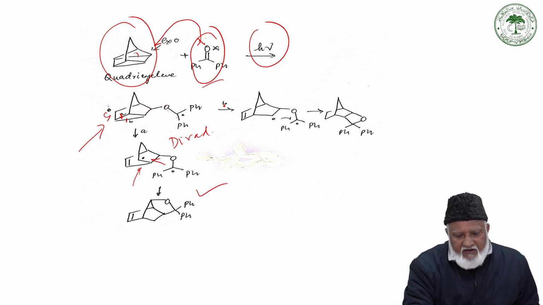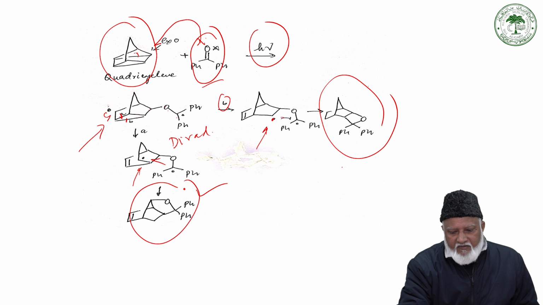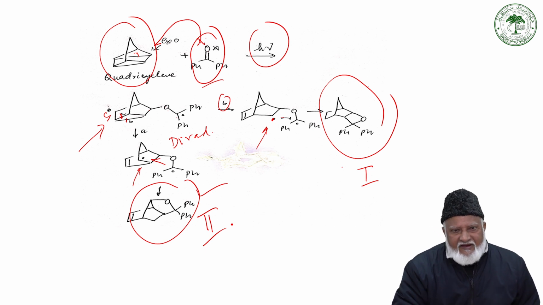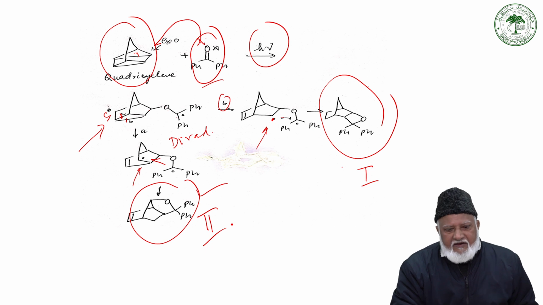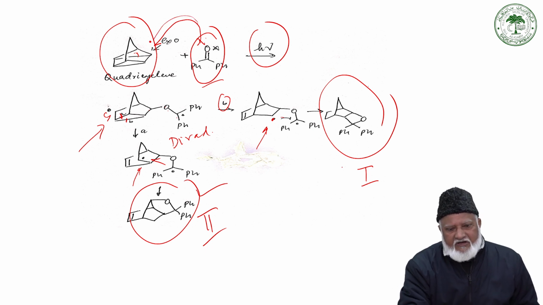Whereas if cleavage of bond B takes place, then we get a new carbon center radical, and this can combine to give these two products. So product number 1 and product number 2 have been reported on reaction of a carbonyl compound with quadricyclane, a highly ring strained system, which it attacks from the exo side to generate a carbon center radical.